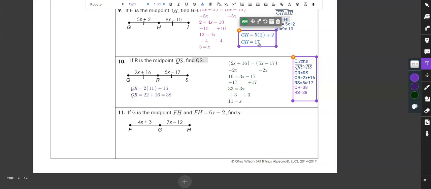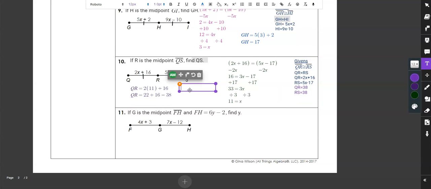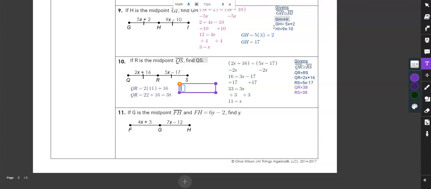And since we know that the whole thing, QR plus RS, is going to be QS, the easiest way to do that multiplication problem is to say that QS is equal to 2 times the length of one segment. But since I did list them separately, we can do it that way. So QS equals QR plus RS.